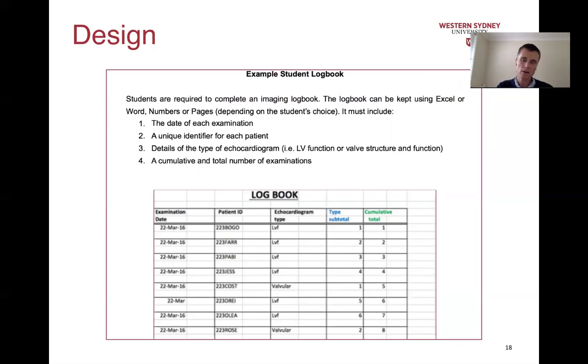As I was saying earlier, you either call them an LV function study, or a valvular function study. And then they're given a subtotal and a cumulative total. As you'll see, there have been 4 LV function studies, 1, 2, 3, 4. The 5th one's a valvular function study. So the subtotal is 4 and 1, but the cumulative total is 5. So you're just keeping a running tally of all the exams that you do.